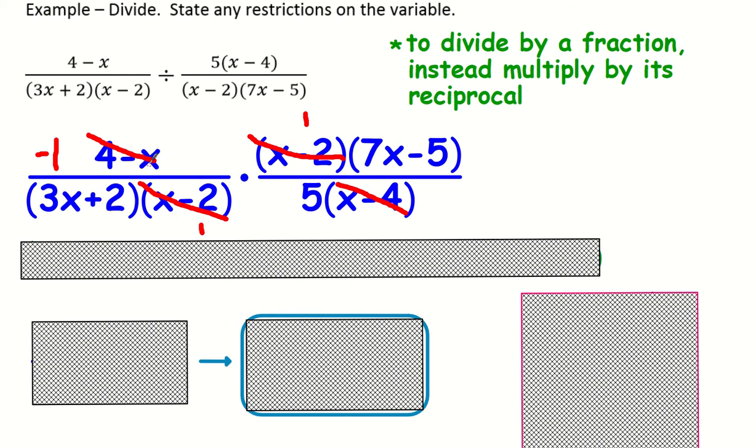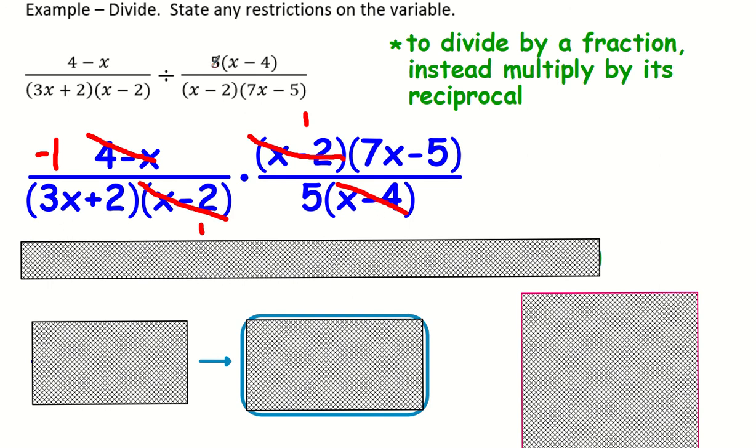You can cancel this and this, and what's left behind is a negative 1, because if you want the full story, if you were to factor out a GCF of negative 1 from this right here, what you'd be left with is exactly the same as x minus 4.